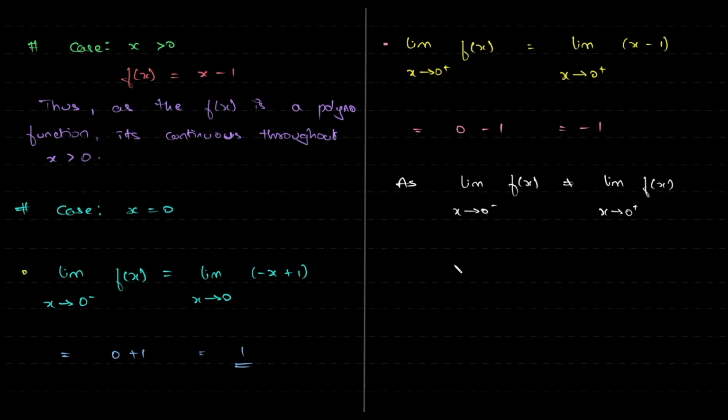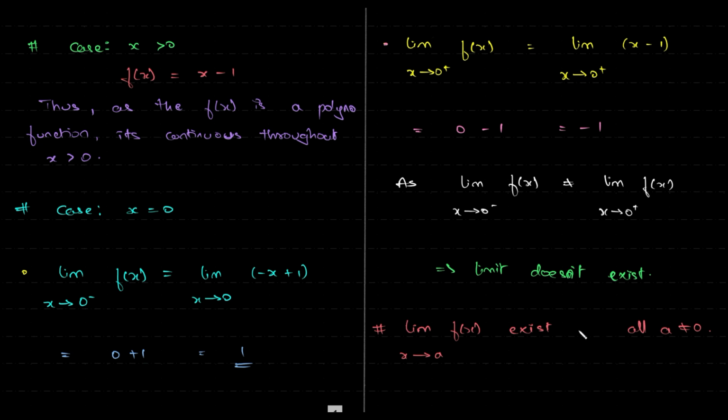This implies the limit does not exist. Agree? And finally, what can we tell? To summarize, limit f of x as x tends to a exists for all a other than 0.